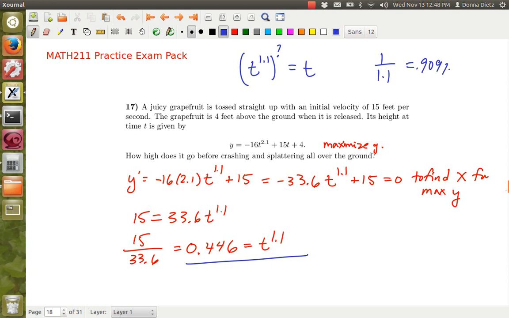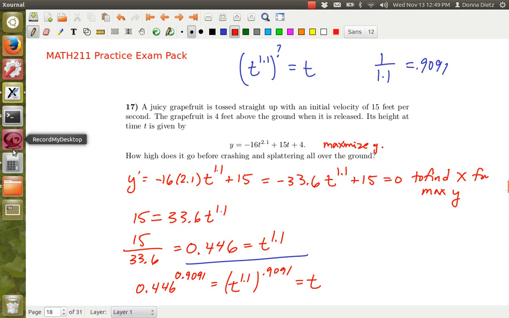Right? So we raise both sides to the 0.9091. So we have 0.446 to the 0.9091 is equal to t to the 1.1 to the power of 0.9091, which is the same as t.